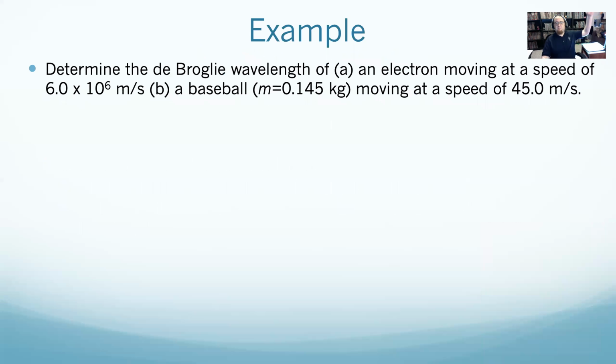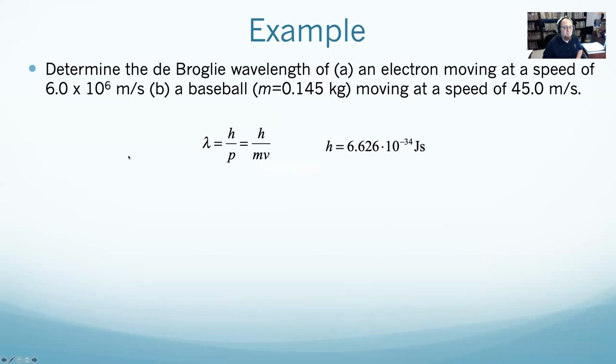So, example problem. What's the de Broglie wavelength of an electron moving at 6 times 10 to the 6 meters per second, which is actually a reasonable speed, and of a baseball that was pitched? If you want the de Broglie wavelength, it is Planck's constant over momentum, Planck's constant over mv.